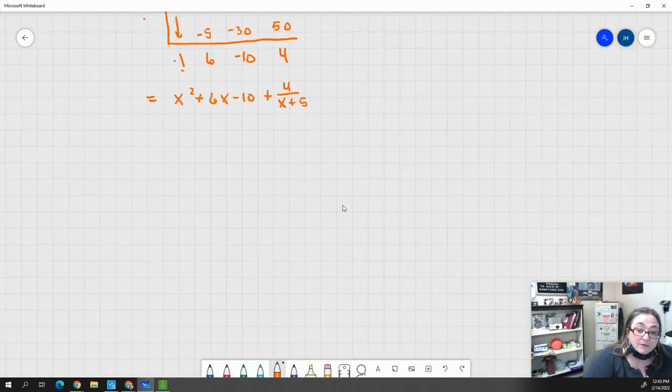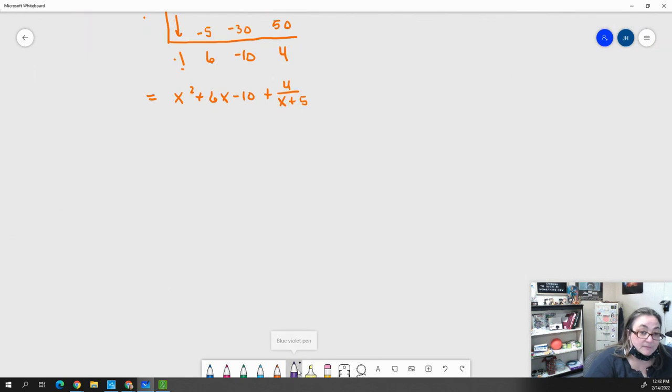Let's look at one where we're missing a term, right? What if I have 7m cubed minus 14m squared minus 10 divided by m minus 2.